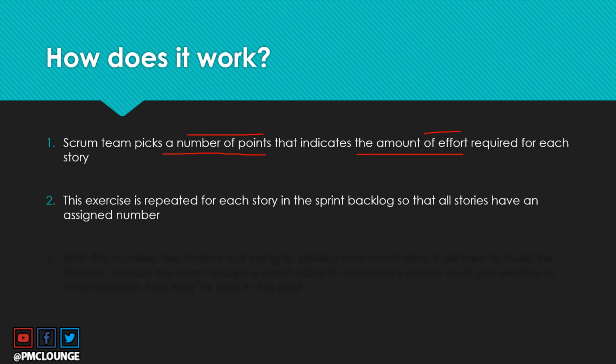Secondly, you repeat this exercise for each story in the sprint backlog, and you repeat this until all the user stories have an assigned number. So all stories now have an assigned point value.